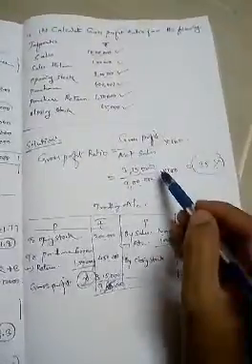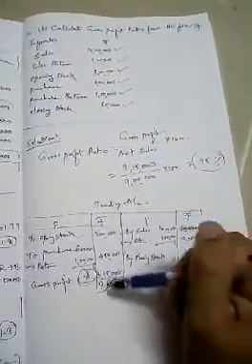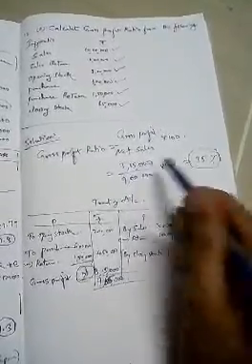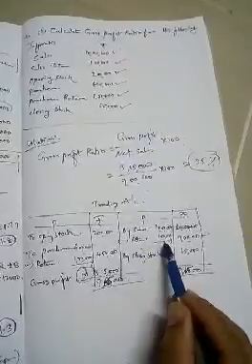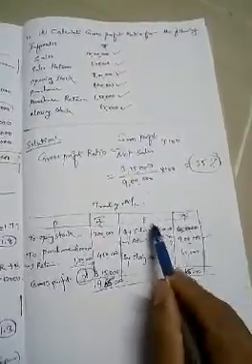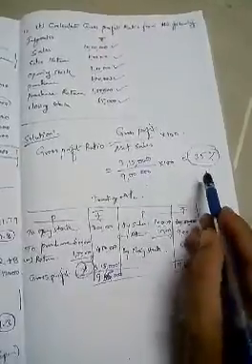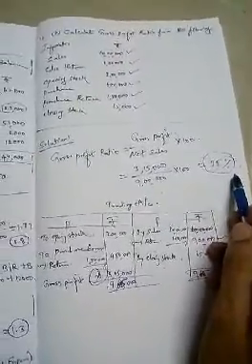Using the formula, gross profit 3,15,000 divided by net sales. Net sales means sales minus return, we get 9 lakhs. So this 9 lakh we use here into 100. If you simplify this, we get 35%.